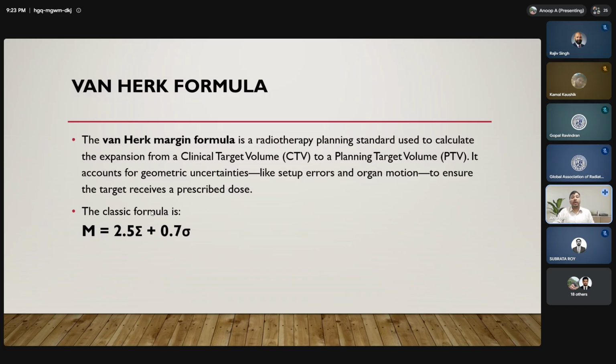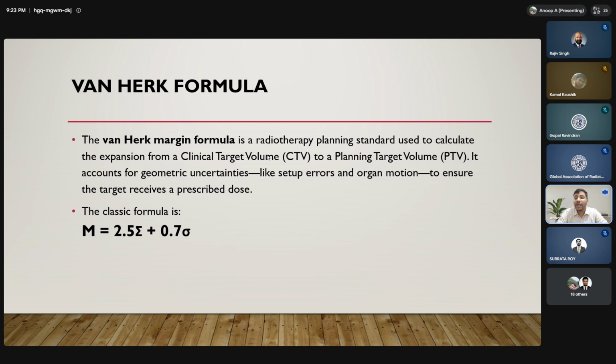Then we will discuss the Van Herk formula. The Van Herk margin formula is a radiotherapy planning standard used to calculate the expansion from a clinical target volume to a planning target volume. The Van Herk formula was developed by Marcel van Herk and published in 2000.